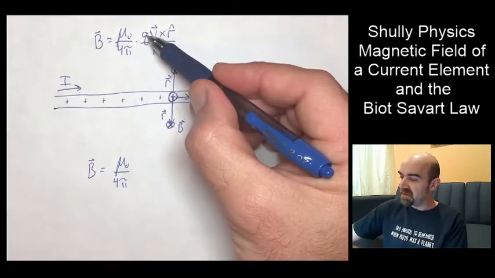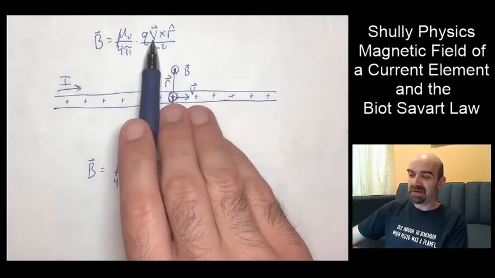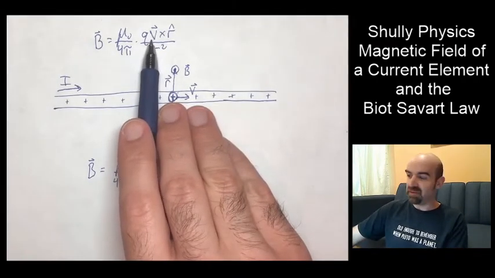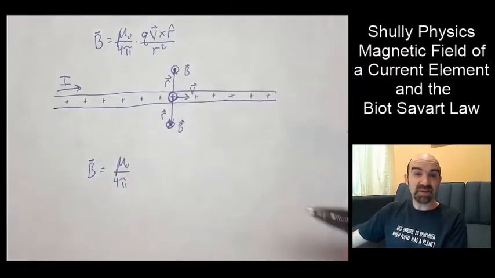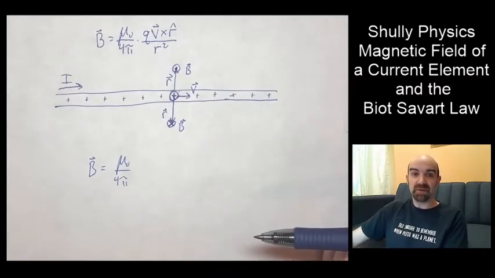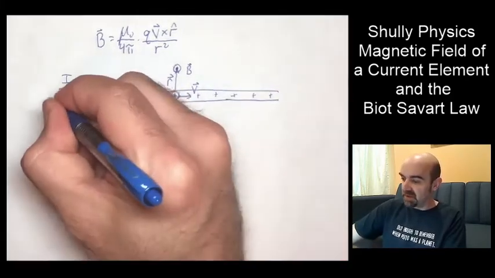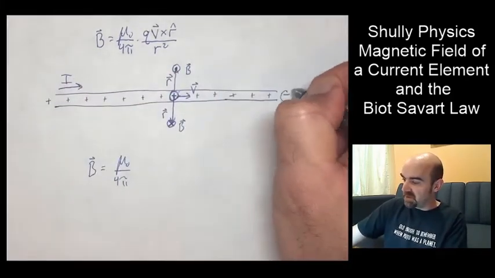You see that Q is related to current. Current is a rate of charge, a Q over time, a Q over T. Well, right next to this, as a product, we have Q times V. And velocity is a rate as well. Since it's the charge that is drifting with a velocity through this current carrying element here, we would have a positive side over here and a negative, of course. We'll mark that.